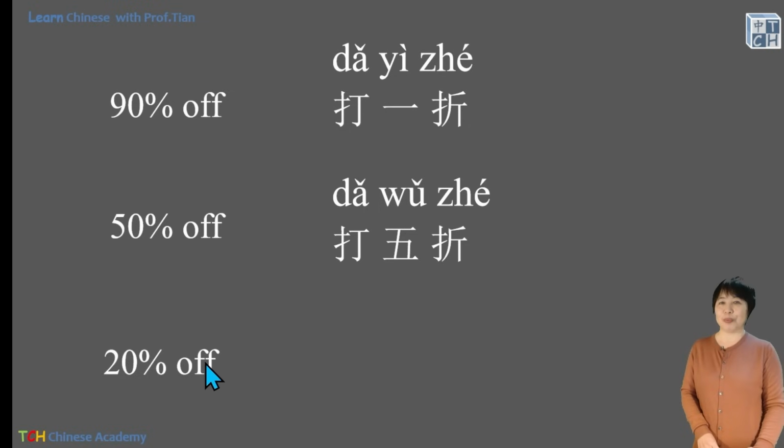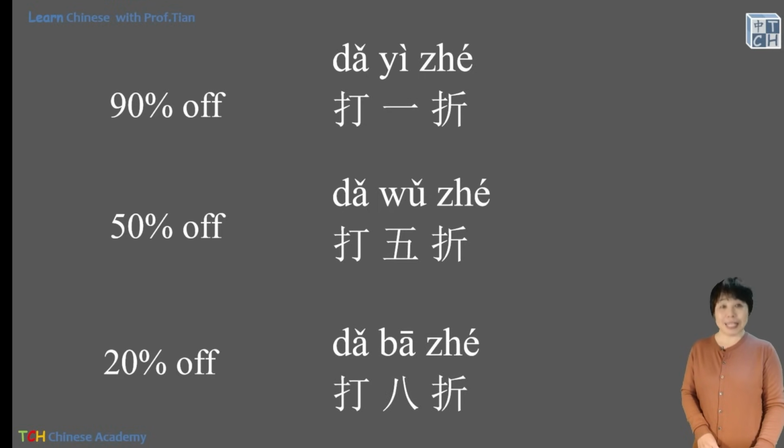Based on this rule, let's see 20% off. How do we say 20% off in Chinese? Just the opposite: you have 20% off, and in Chinese we say we have to pay 80%. So that is 打八折. Interesting?